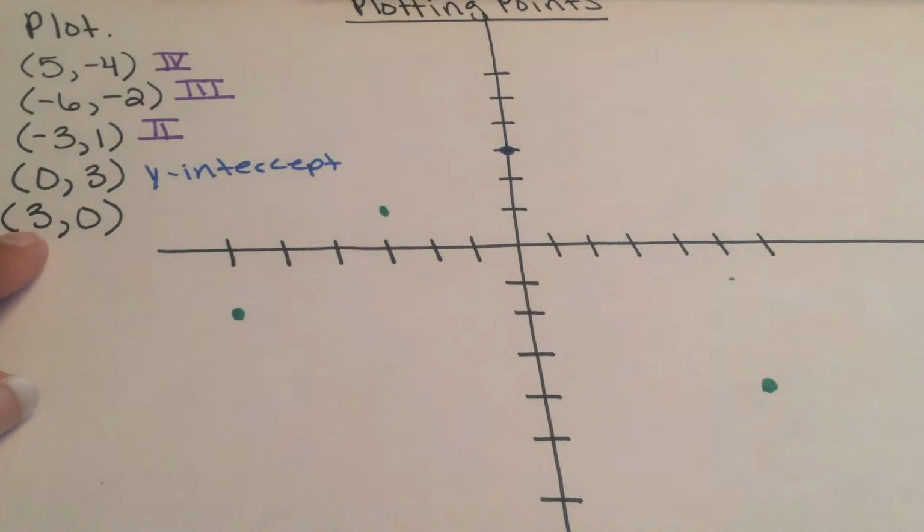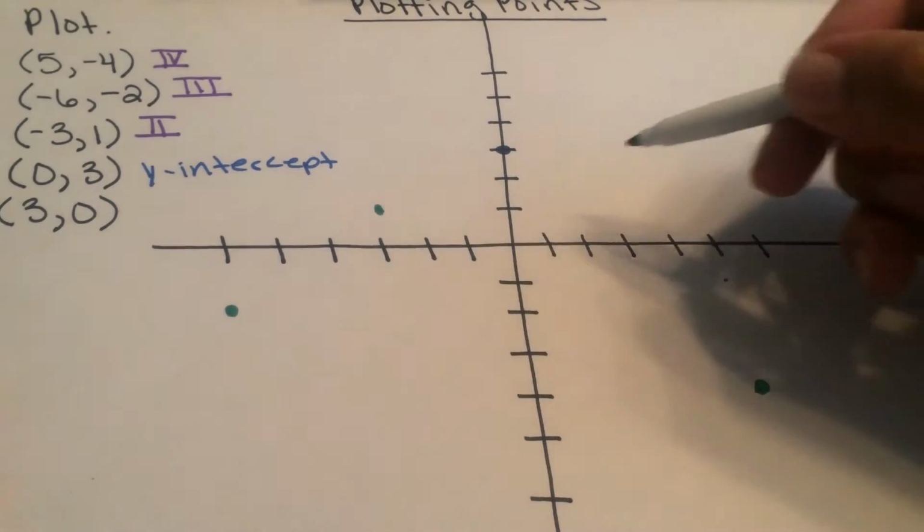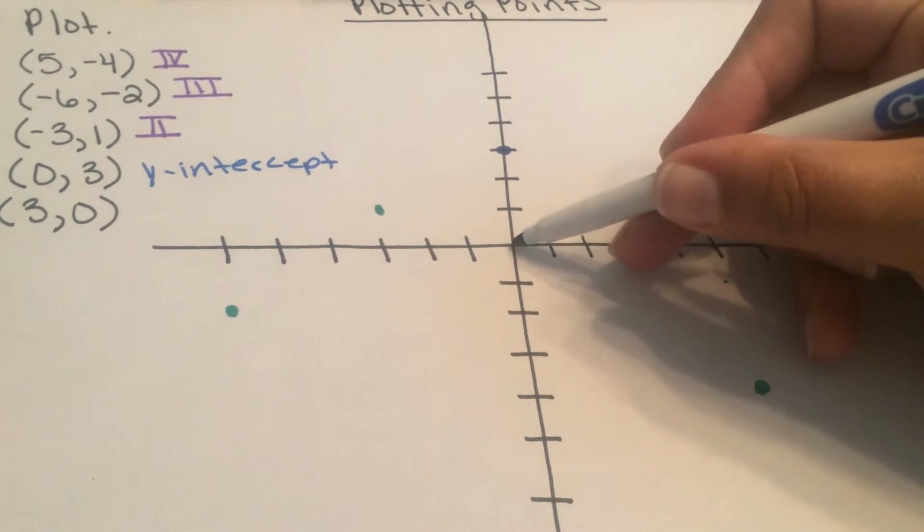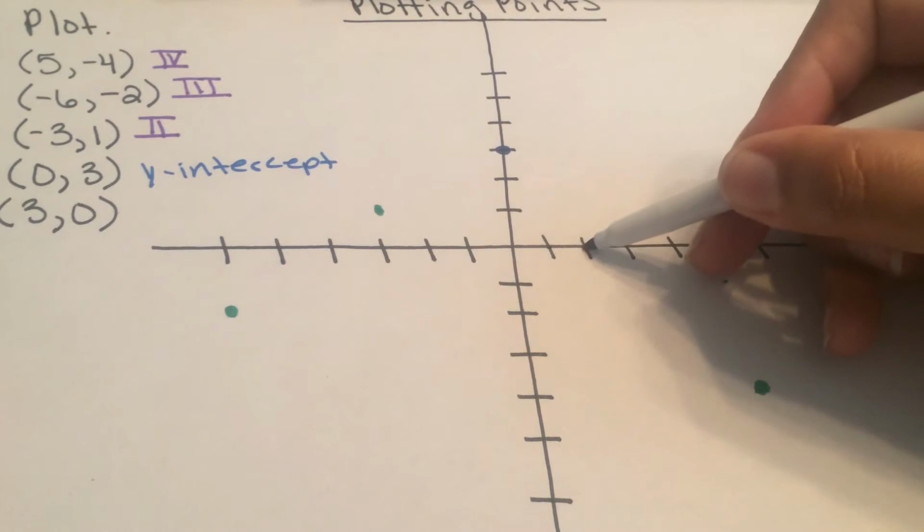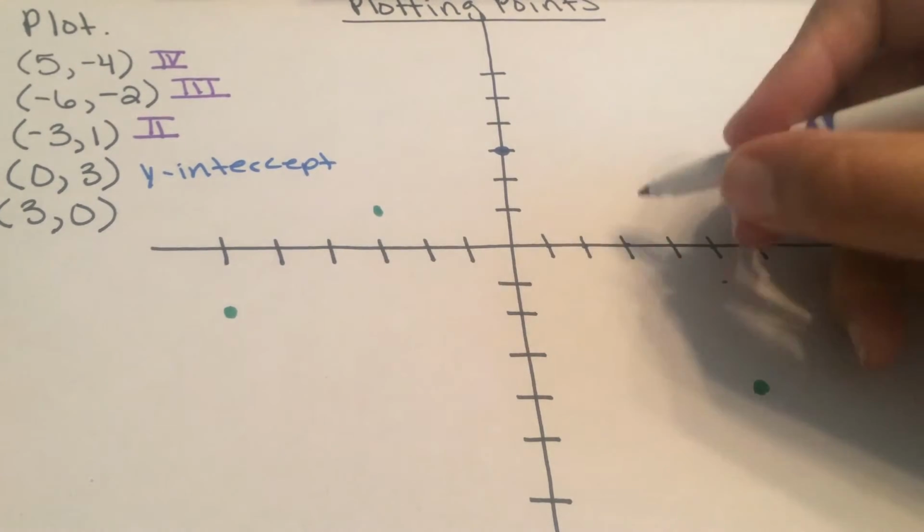If we look, our next point is 3, 0. That means we're going to move to the right 3 places. And since it has a 0 for our y-coordinate, we're going to stay and not move either up or down, or we move 0 places. So if we look, starting at the origin, we move 1, 2, 3 places.